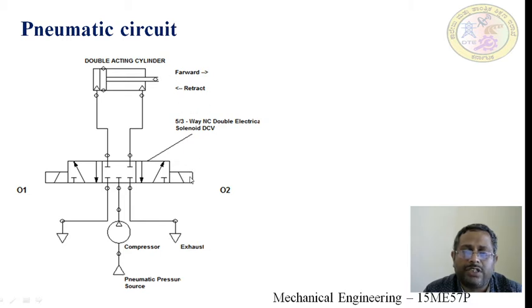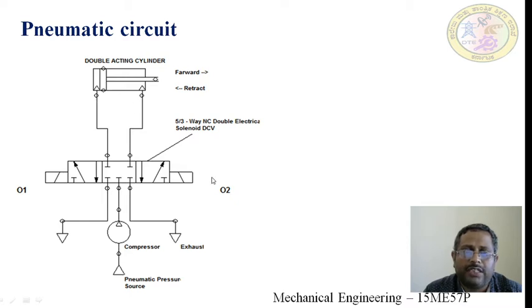This will move the DCV in the leftward direction and connect it here, and air will be supplied with high pressure in this part and push the piston backward. That motion is the retraction.